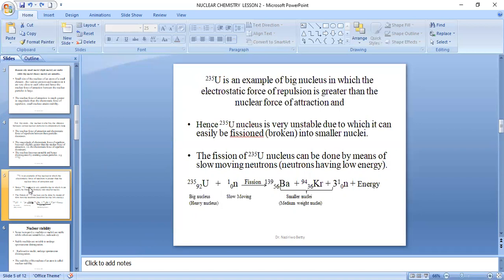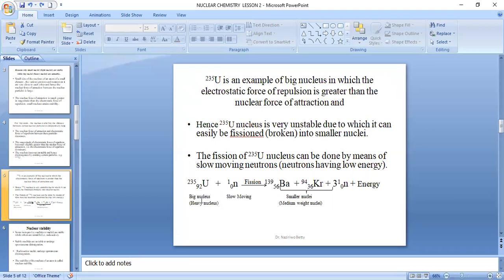And hence, the uranium-235 nucleus is very unstable, due to which it can easily be broken into smaller nuclei. The fission of the uranium-235 nucleus can be done by means of slow-moving neutrons.